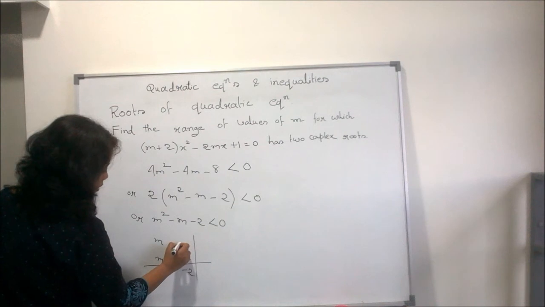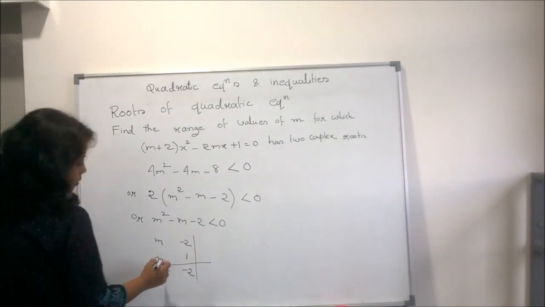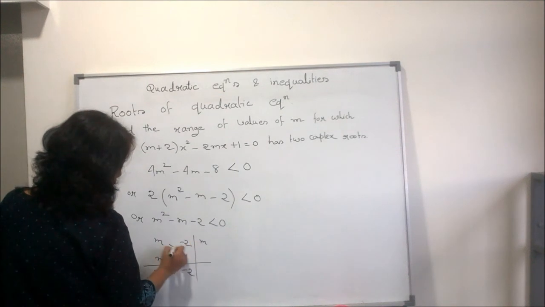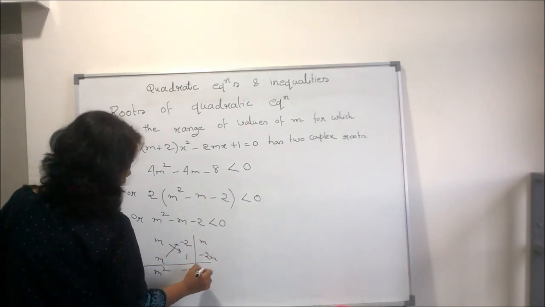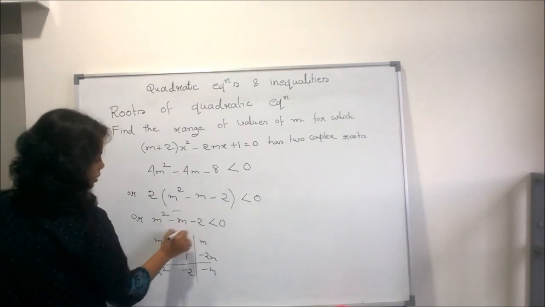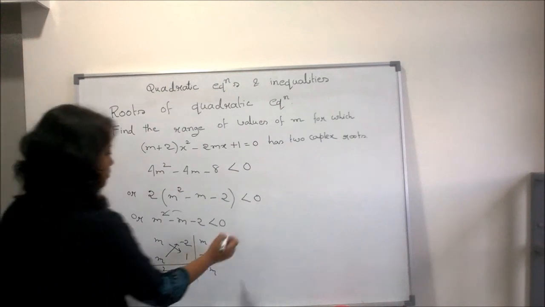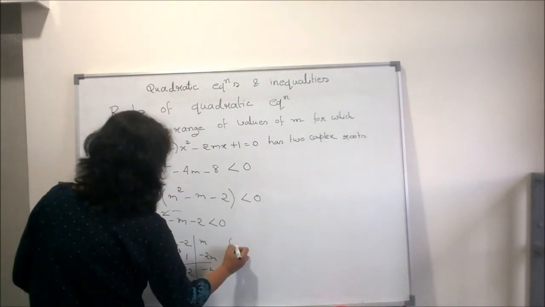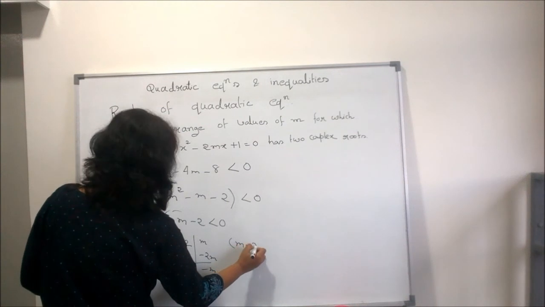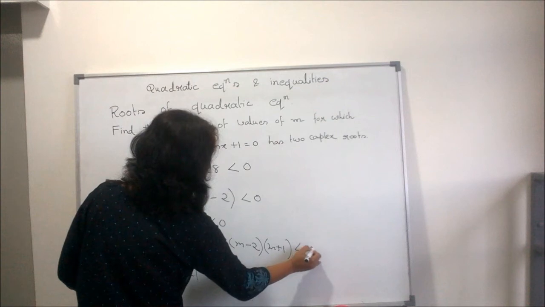Here if we take minus 2m and plus m, this gives minus m, that is our middle term. So here we can write m minus 2 into m plus 1 less than 0.